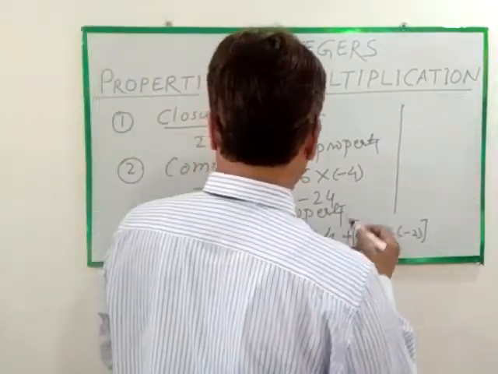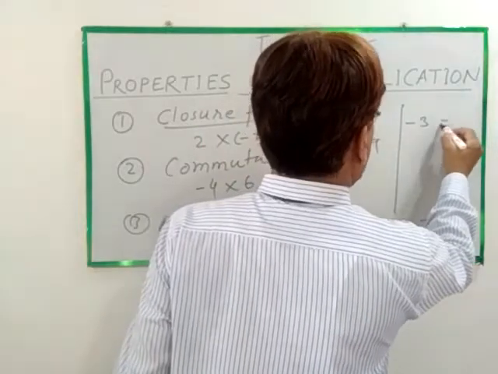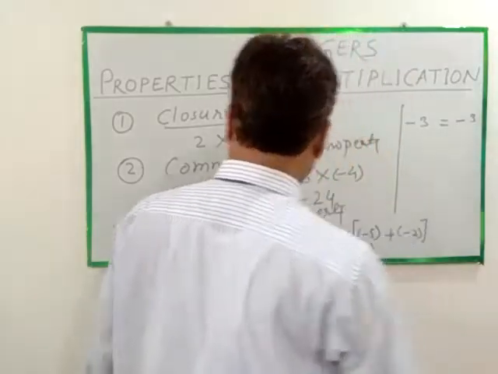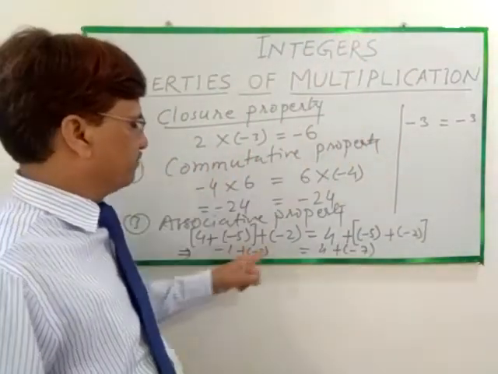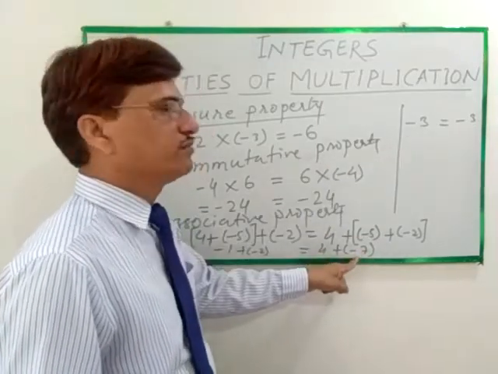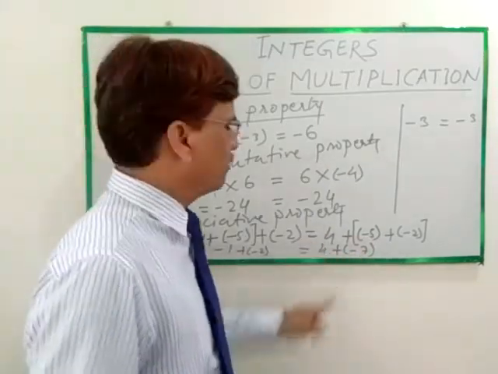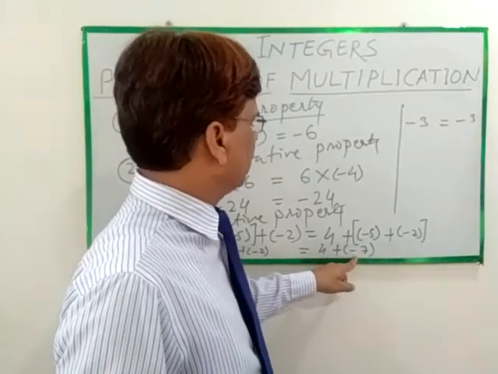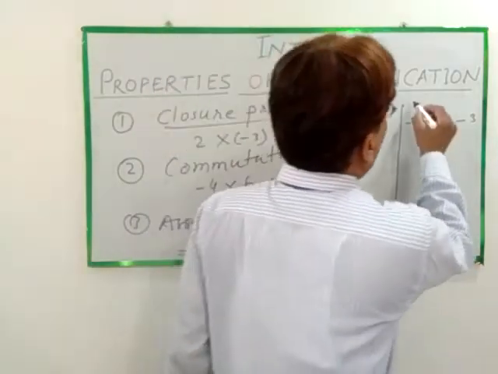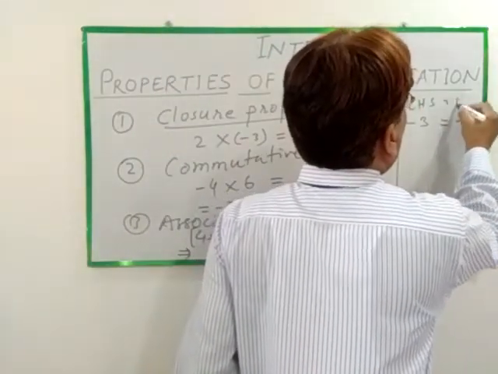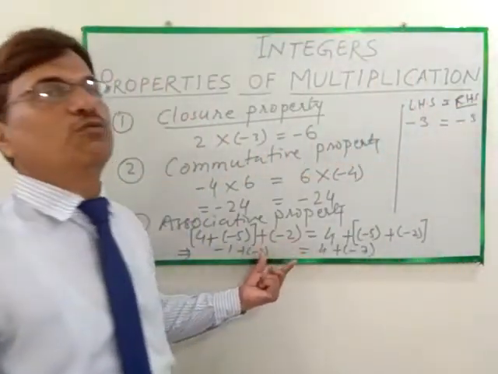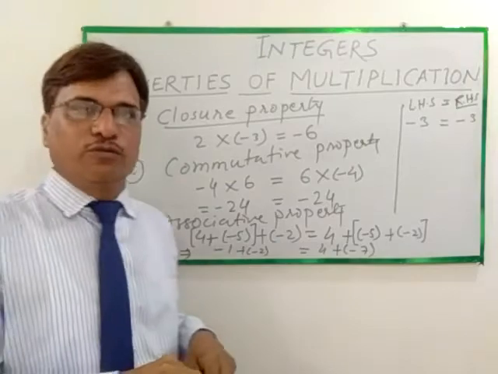Then 4 plus -7 is -3. Different signs will be subtracted and we use the minus sign because minus is the sign of the larger number. So you can see left hand side is equal to right hand side. It is the associative property.